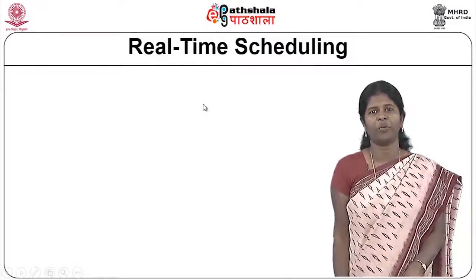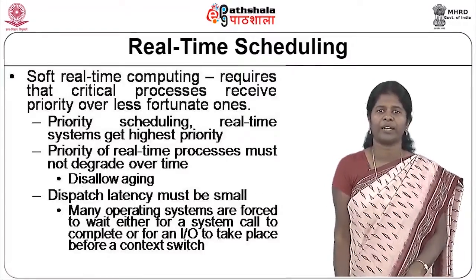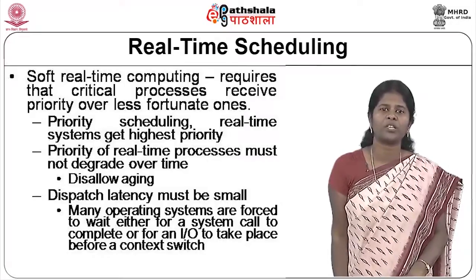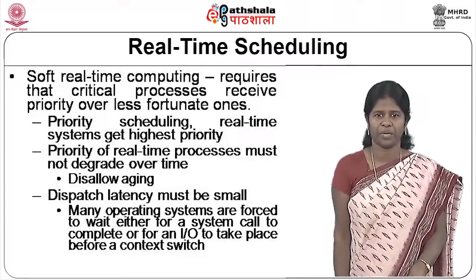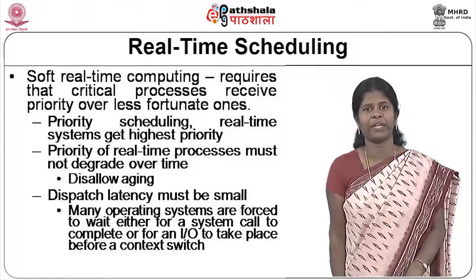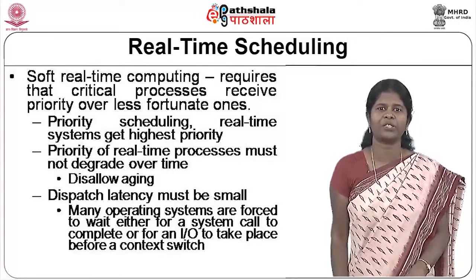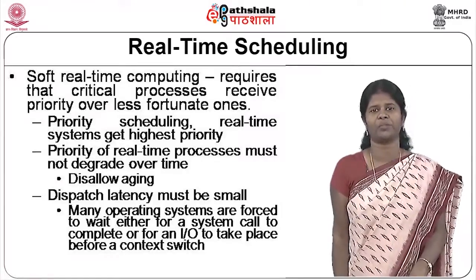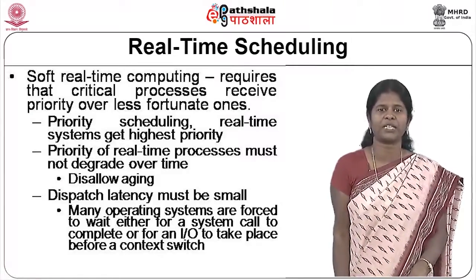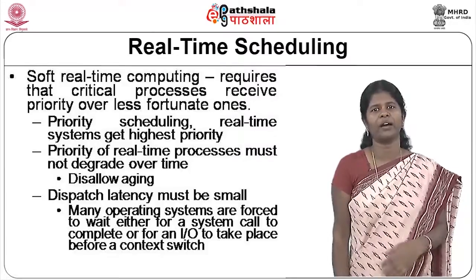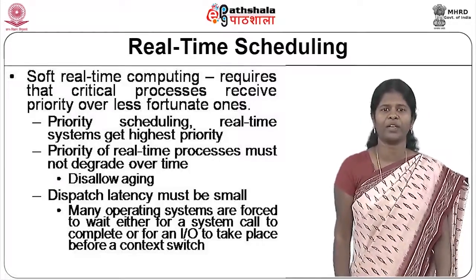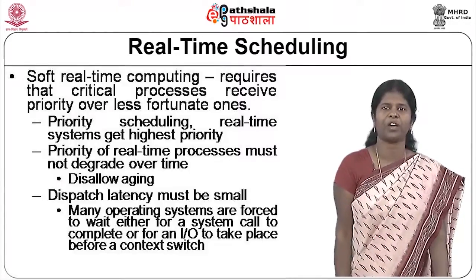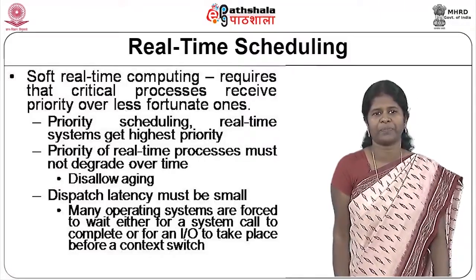We now move on to the second type of real-time scheduling systems, which is called soft real-time computing. In soft real-time computing, as I told you, critical processes, or real-time processes, get high priority over the other processes. So, here it is enough to implement a priority kind of scheduling where high priority is given to the real-time processes.